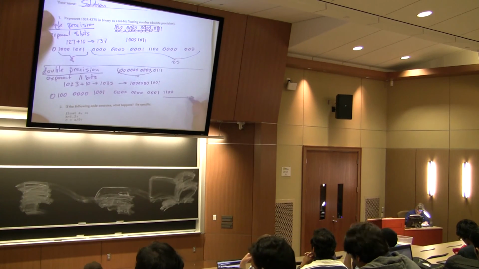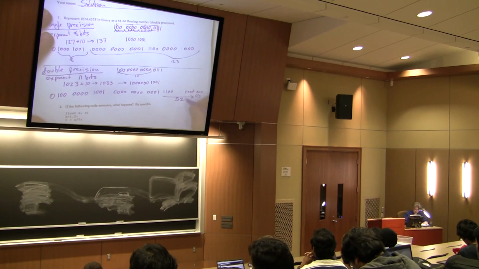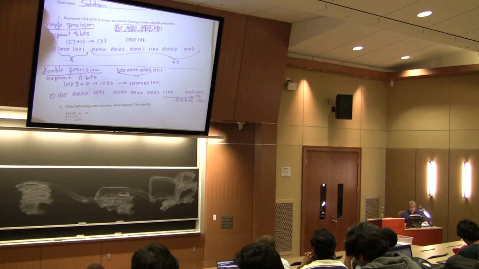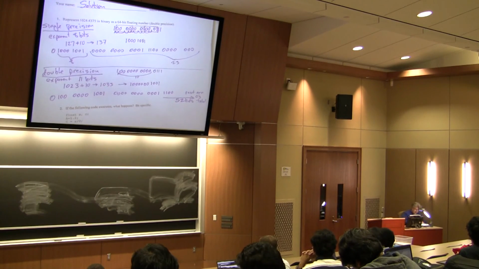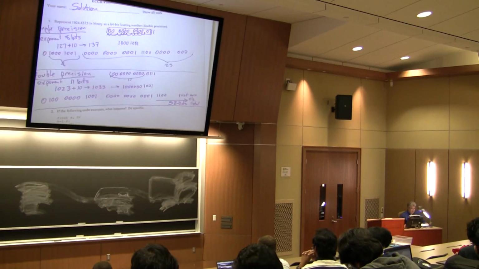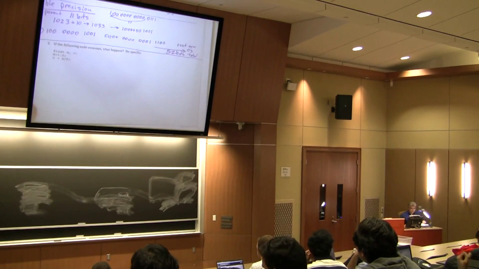A total of 52 bits, right? Agreed? Agreed. Okay. So the only thing I have to do is determine how many points you get for identifying all those. So we'll look at that later.